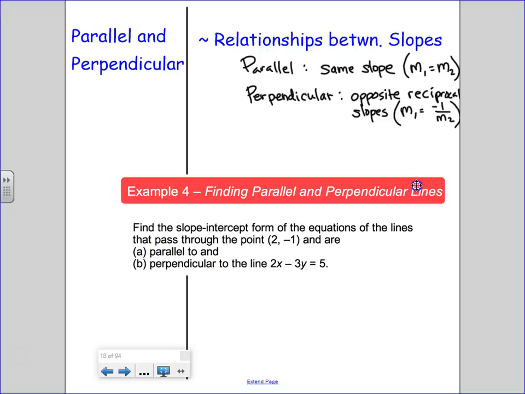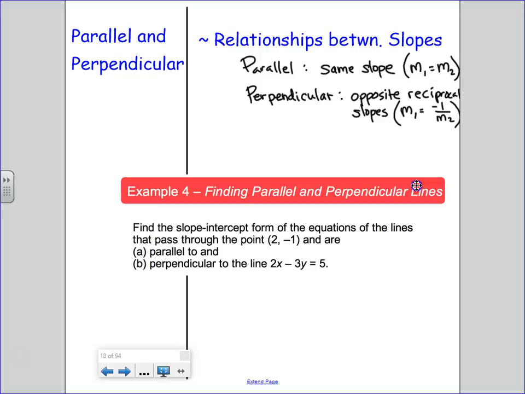Opposite means if one's the negative, the other one's a positive. Reciprocal means if one's 1/2, the other is 2. If one is 2, the other is 1/2. And technically perpendicular lines, opposite reciprocal slopes, they meet at 90 degrees, right?